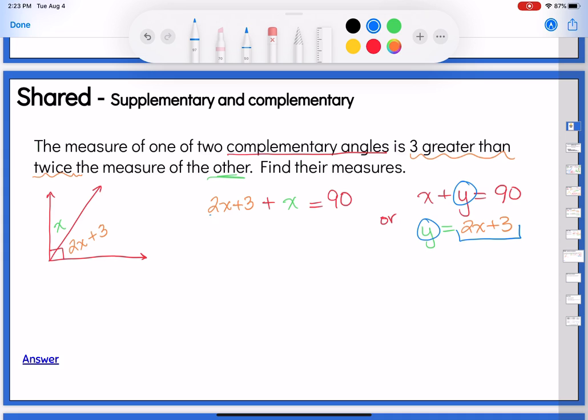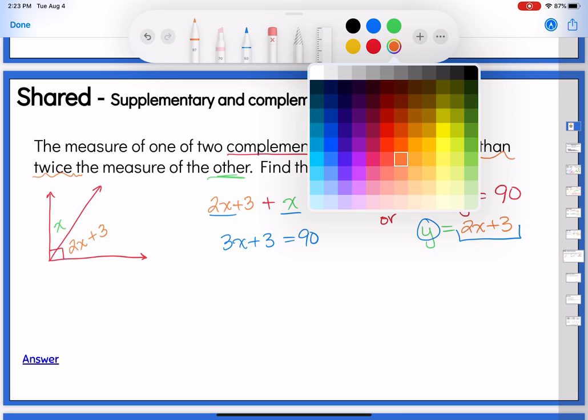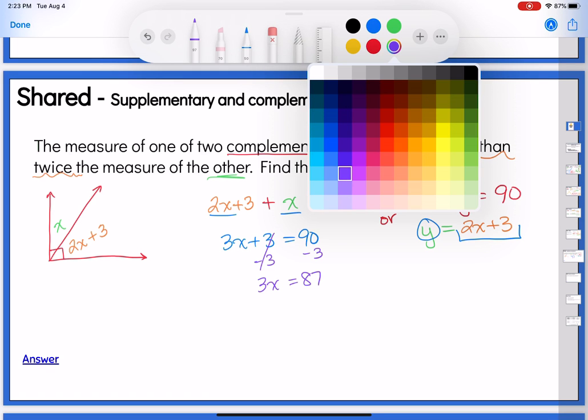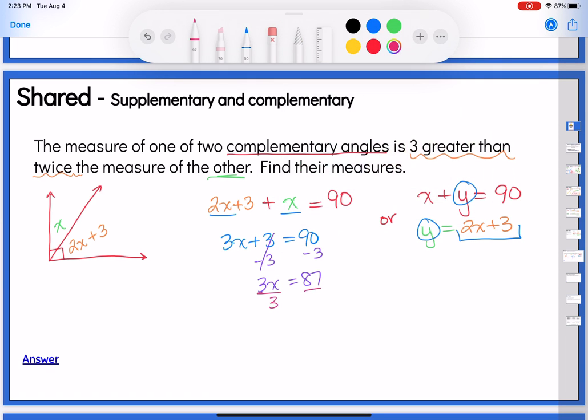So at this point now, I'm going to combine my like terms. I get 3x plus 3 equals 90. I am going to subtract 3 from both sides. I get 3x equals 87. I'm going to divide by 3 on both sides, and I get x equals 29.